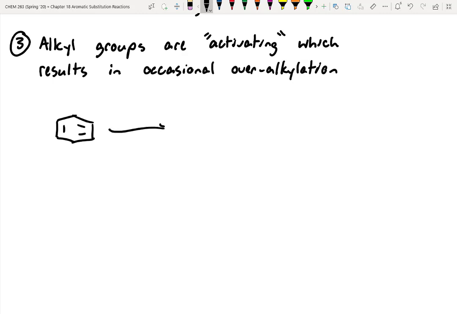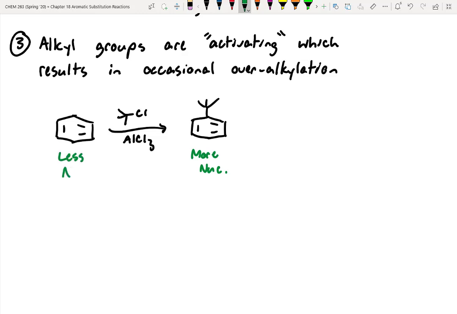So let's say we've got this tert-butyl chloride and aluminum trichloride. What will happen is we'll get that tert-butyl group installed once. However, this is actually more nucleophilic than this. This one is less nucleophilic.